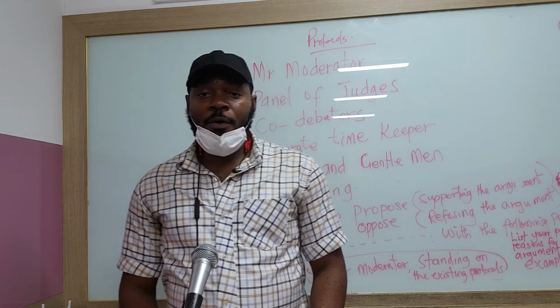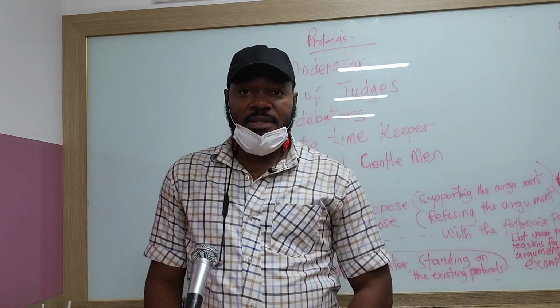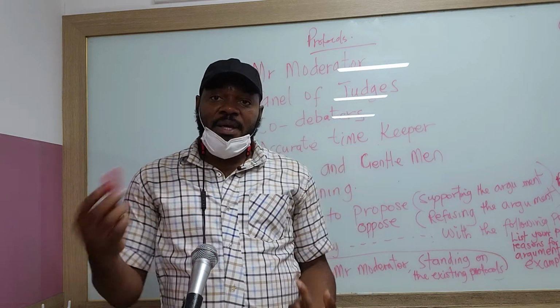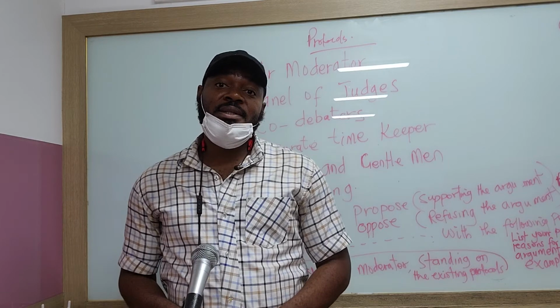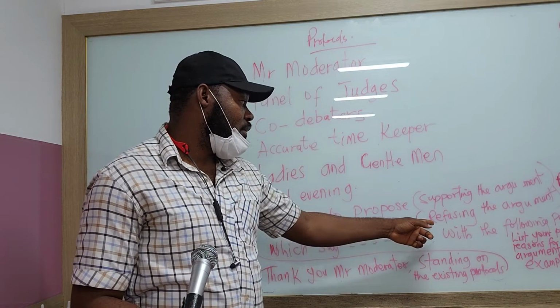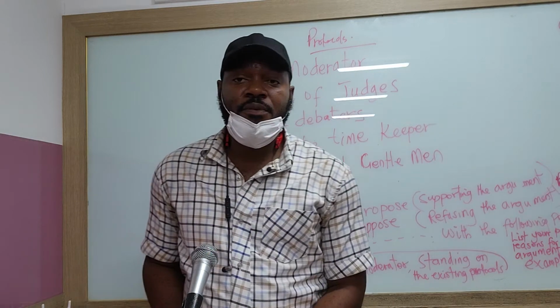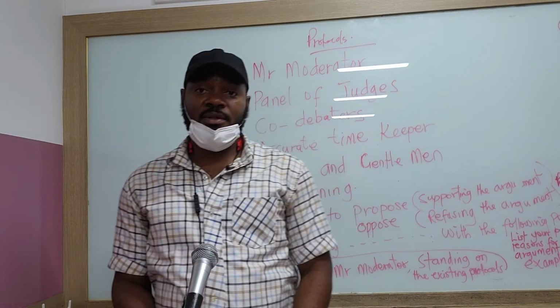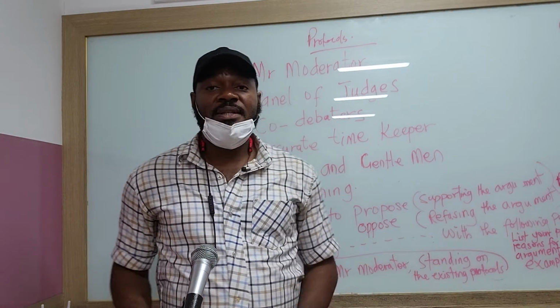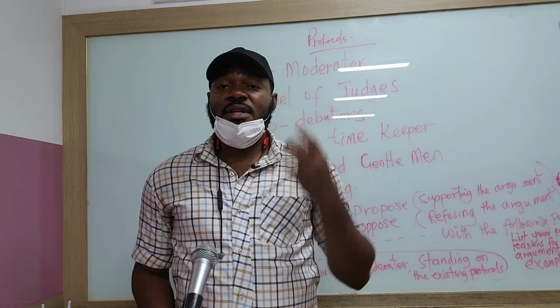Okay. So now, when the first speaker speaks from the proposing side, we would call the first speaker from the opposing side. Now, what is an opposing side? The opposing means to refuse. Opposing means to refuse, to refute an argument, okay? To disagree with what the proposing side said. So you have to listen very well.